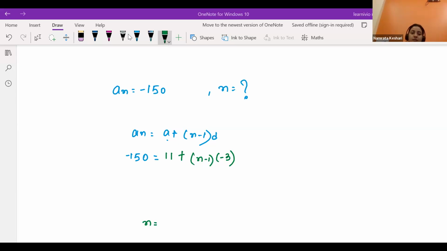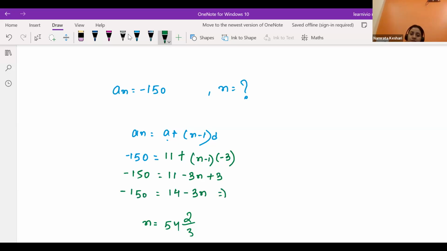I'm getting n as a mixed fraction, like 54 and 2 by 3. Maybe it could be, let me check. We will have minus 3n over here plus 3, so 11 plus 3 will be 14. Then we take 14 to the other side, it becomes minus 14.